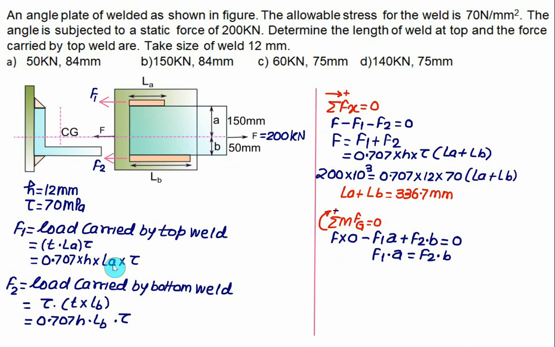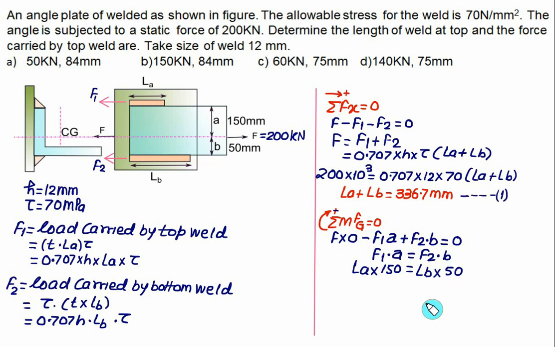F1 and F2 we can substitute from here. In that case 0.707 multiplied by h multiplied by tau gets cancelled. So we are left with only LA multiplied by A, where A is equal to 150, is equal to F2, where only LB is left, and the distance B is equal to 50.